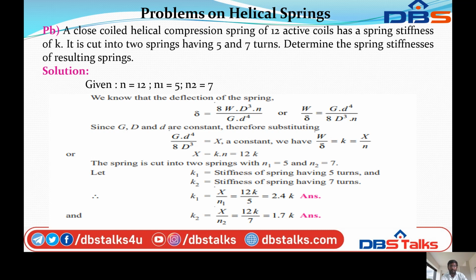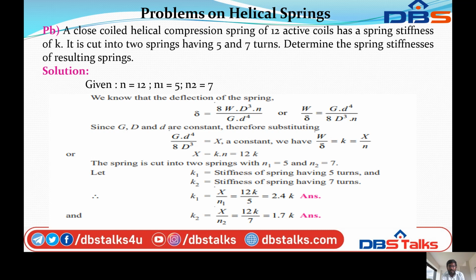So we can calculate the stiffness of the 5 turn spring and the 7 turn spring. First of all, we note down the given data. Given n is equal to 12, n1 is equal to 5, n2 is equal to 7. So n is the actual number of spring coils, n1 is the one cut part of the spring, and n2 is the second part of the spring.